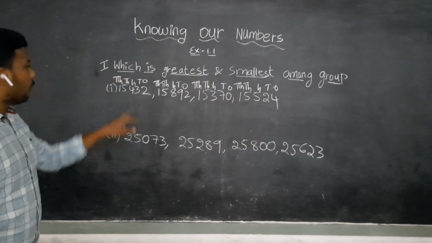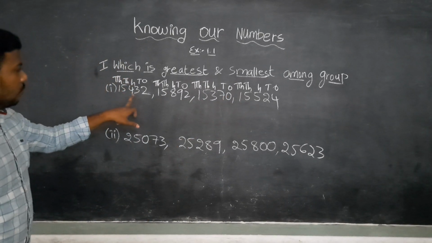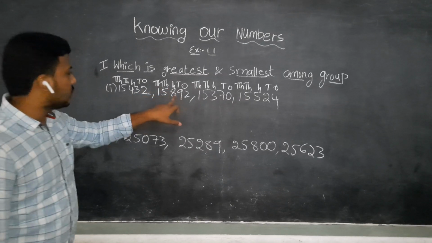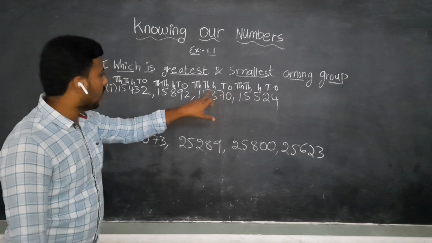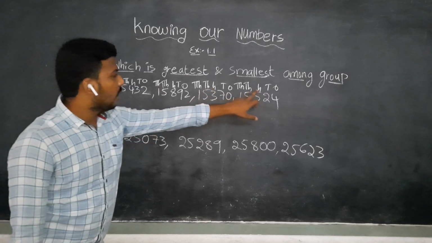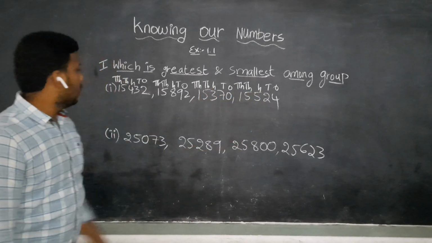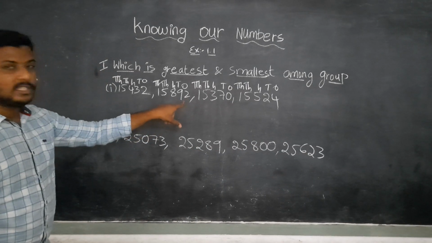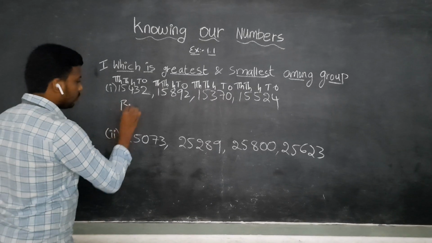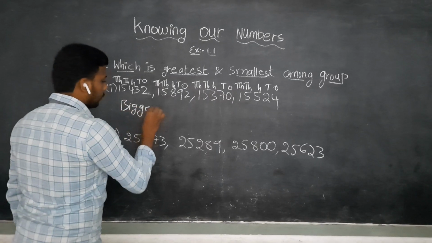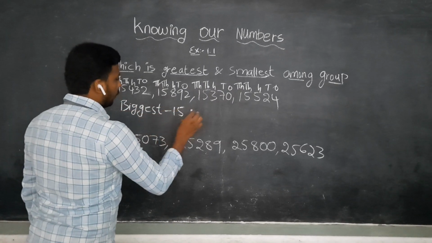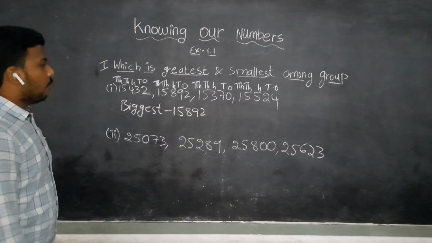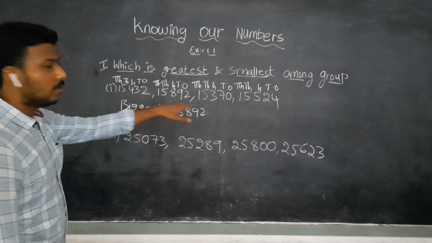In the place of hundreds we have 4, and here we have 8, which is the biggest value when compared to these. So 15,892 is the biggest value when compared to all of the numbers.